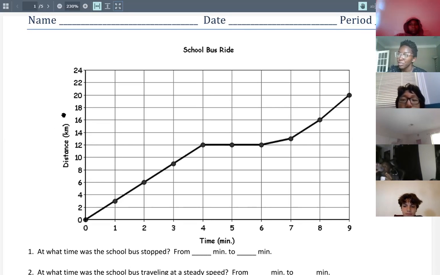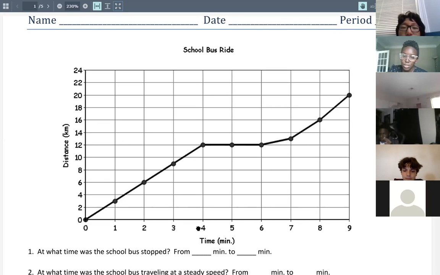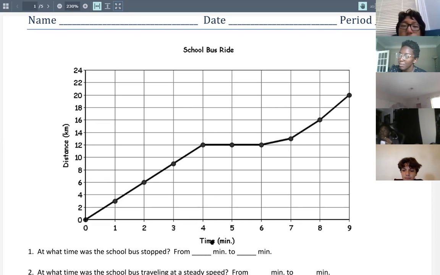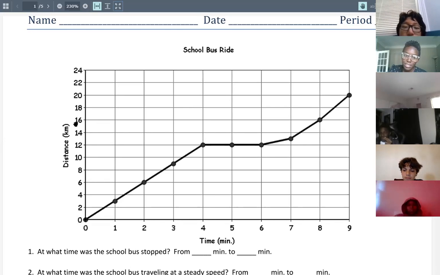Now, I want you to always pay attention to what's on your axes, because later on this week or next week, we're gonna have graphs that look the same, but instead of distance, it may say something else, and that makes it a different graph, okay?